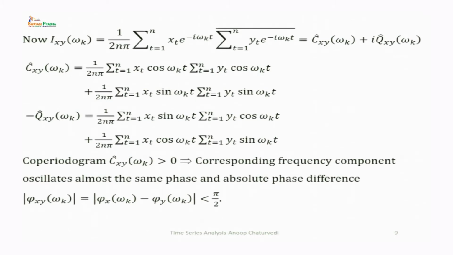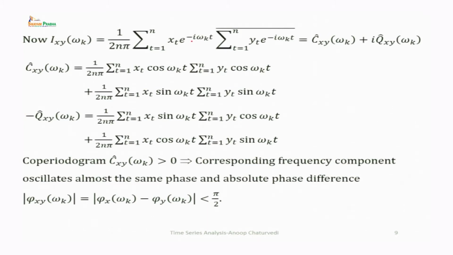So, ĉ_xy(ω_k) is the real part of this product, and q̂_xy(ω_k) or minus q̂_xy(ω_k) is the imaginary part of this product. When you get the real part, with x_t you have cos ω_k t minus i sin ω_k t, and the same with y_t.